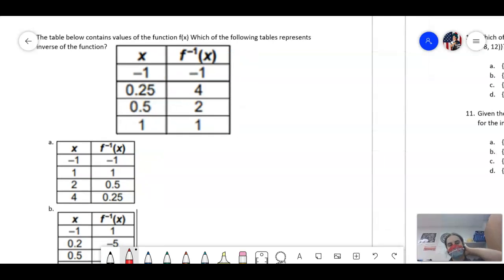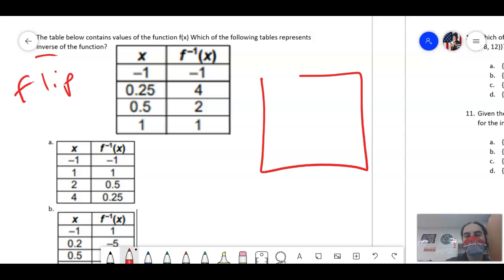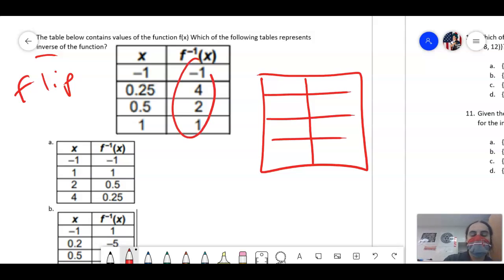All right, table below. Now, which of the following tables represents the inverse? Remember, inverse means you flip the table. So if I was going to rewrite it, how would I rewrite this? Well, I'm going to put these on the left-hand side in order.